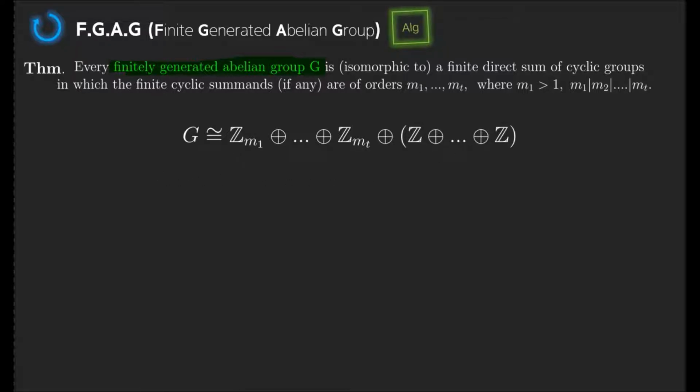In particular, people call this form the torsion subgroup, and the remaining part is the torsion free group.